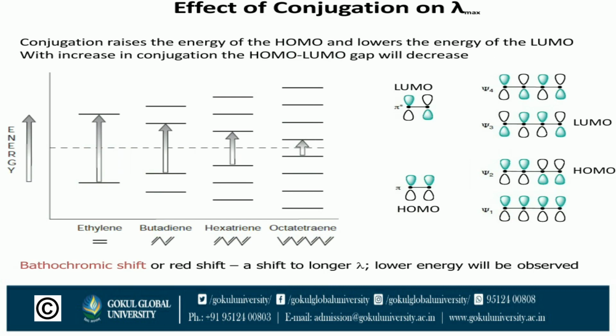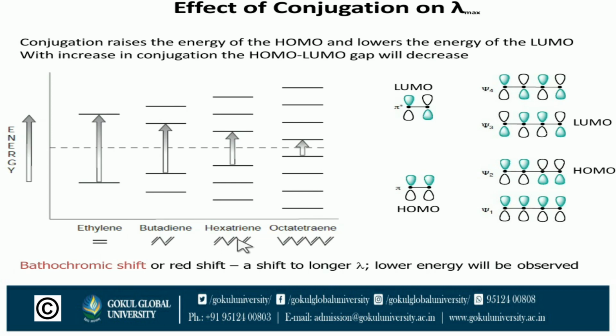Here we see the diagram between energy and the increase in conjugation. In ethylene, with one double bond, the gap between the HOMO and LUMO is very high. Next, butadiene has 2 double bonds in comparison to ethylene, so the gap between the HOMO and LUMO decreases.